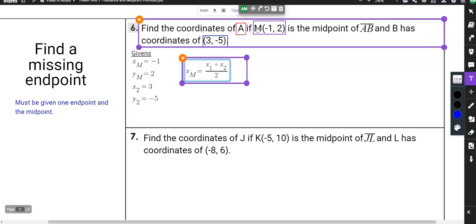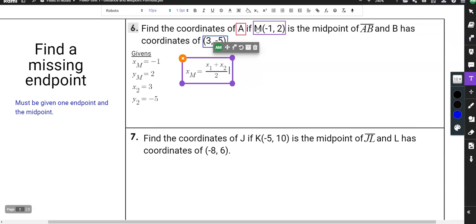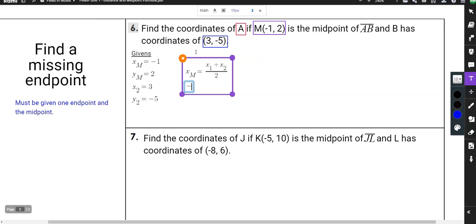We're going to divide by 2. We're going to do our substitution on a separate line this time, because we do already know the x of the midpoint. We know that's negative 1, and that's going to be equal to x sub 1 plus our x sub 2, which is 3, and we're going to divide by 2.